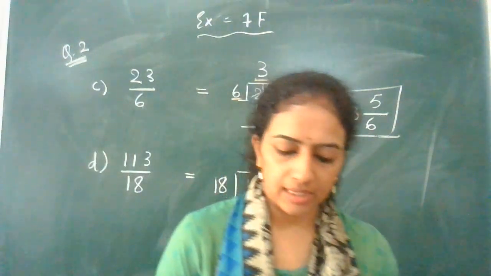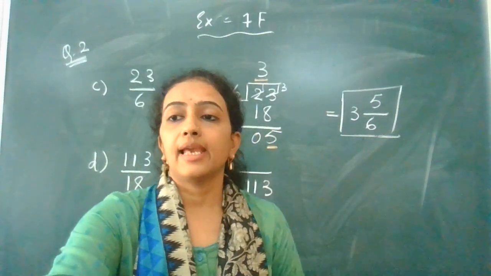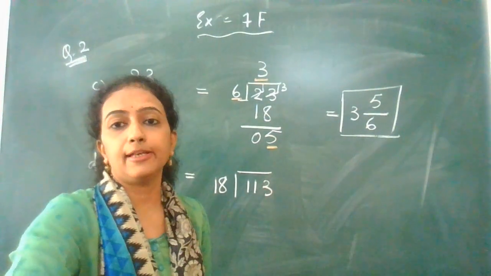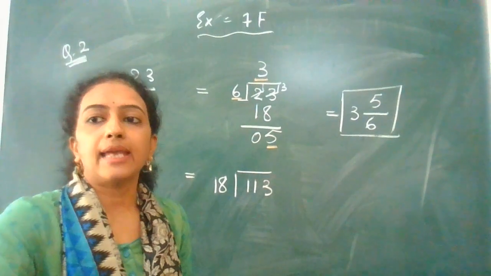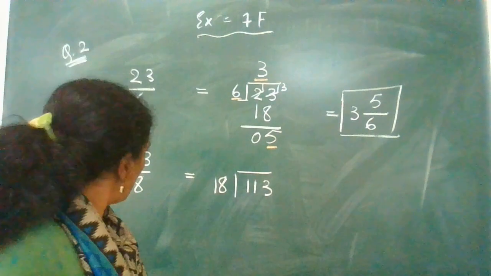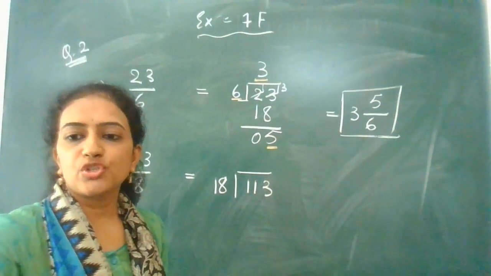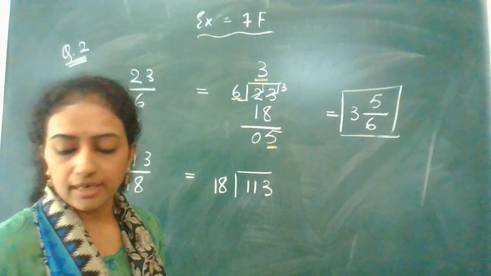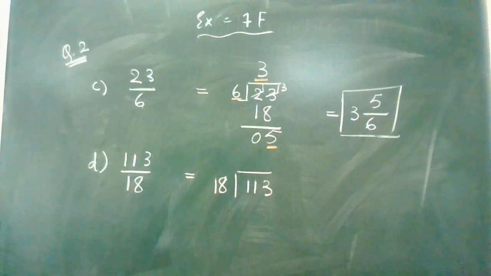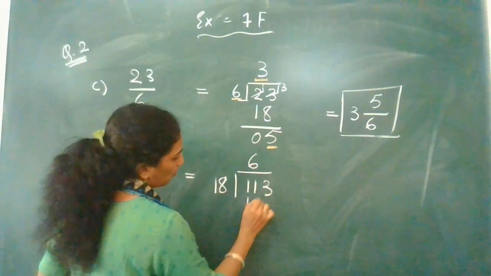So you can say 18 ones are 18, 18 twos are 36, 18 threes are 54, 4s are 72, 5s are 90, and 6s are 108. 18 sevens are 126, which is greater than that, so we can go for 18 sixes are 108.